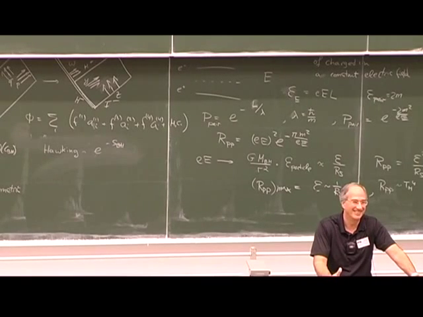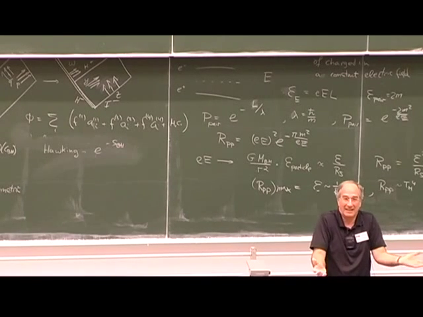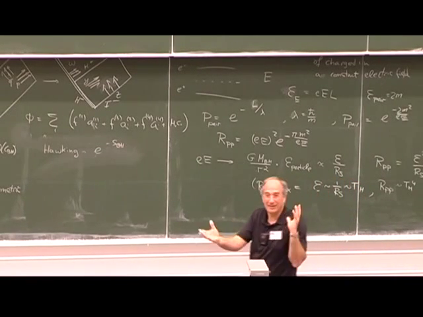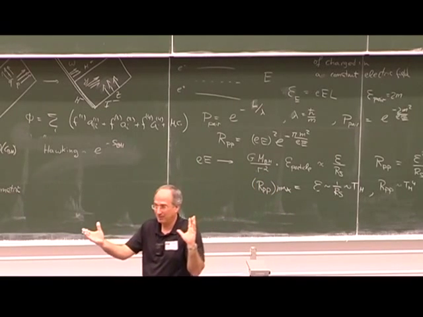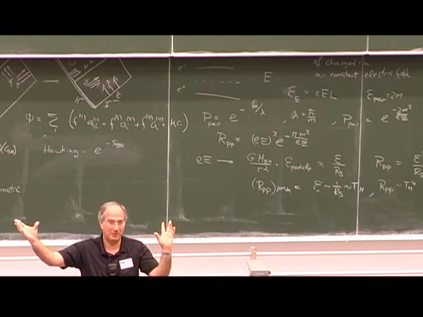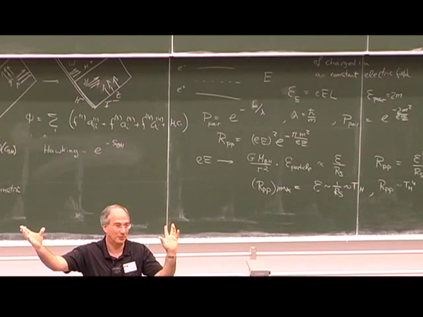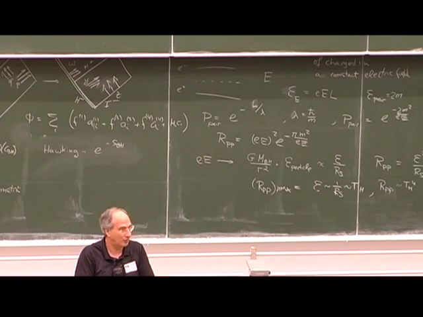Okay. Try to think about that. It's something that we usually don't encounter, but in fact it's possible to set up in the lab a situation where macroscopic masses are in a superposition state, and then it's possible to test this idea experimentally.